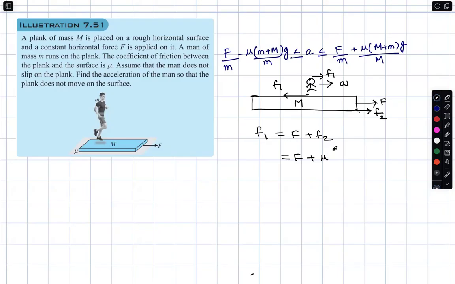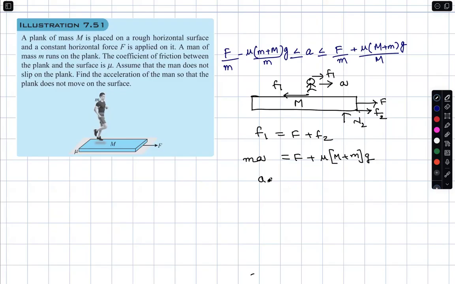Can you please help me in writing F2? Yes, obviously, what is the normal reaction here? Weight of both the blocks. So therefore, this is the picture. Any doubt till here? The same F1 provides m a2 to the man.